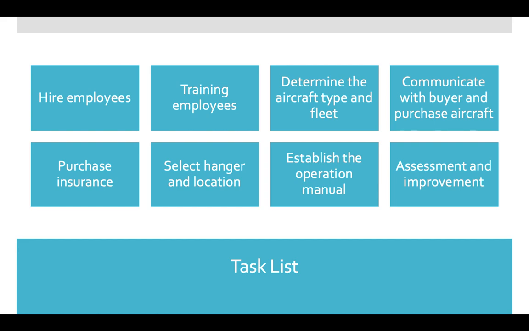Last, assessment and improvement. The company needs to have a regular assessment system at every development stage of the flight department. According to the cost and benefit of the flight department, the decision maker can make adjustments and improvements as needed.